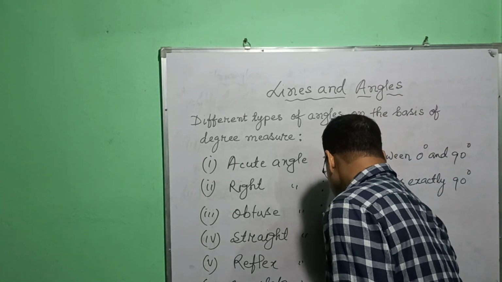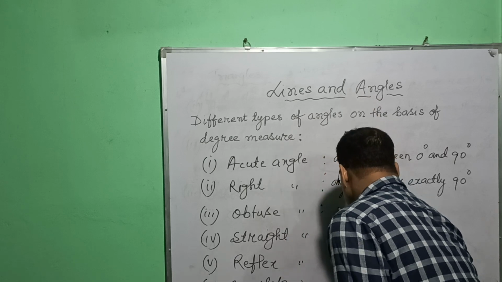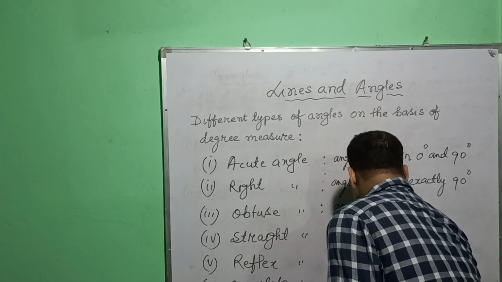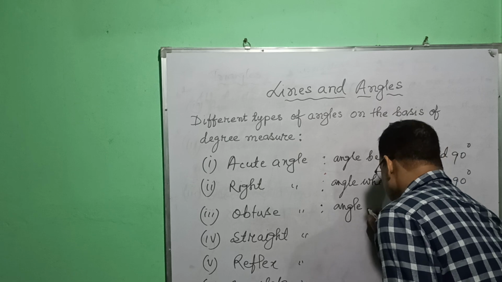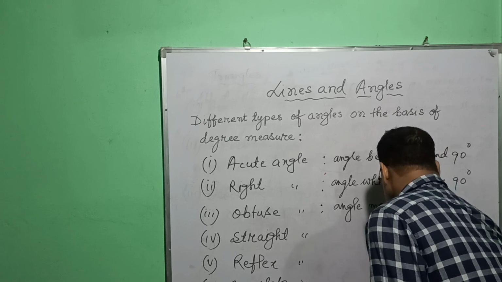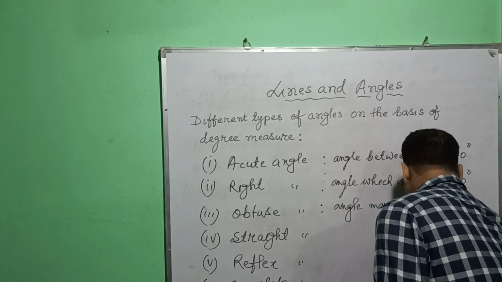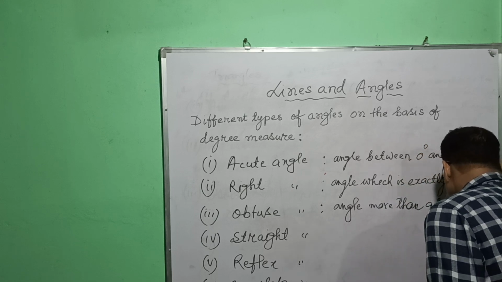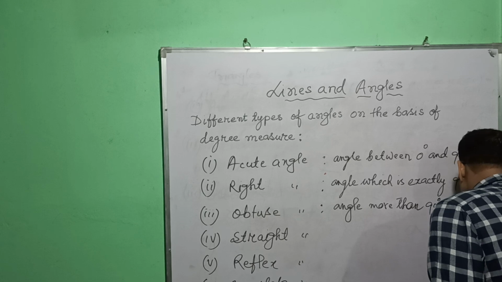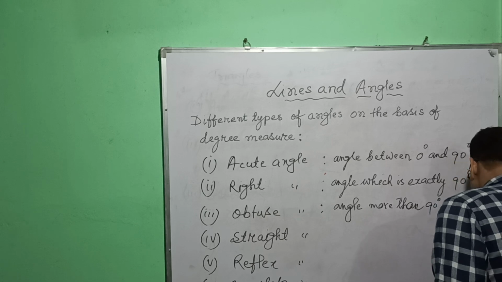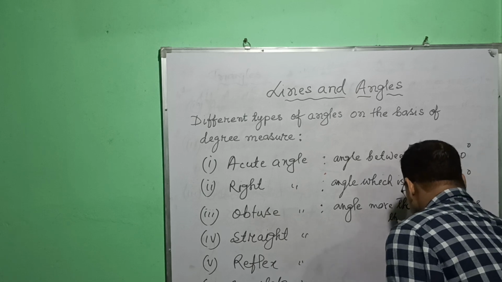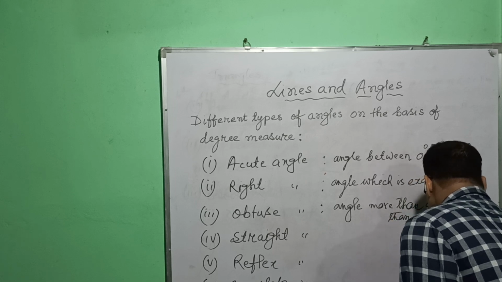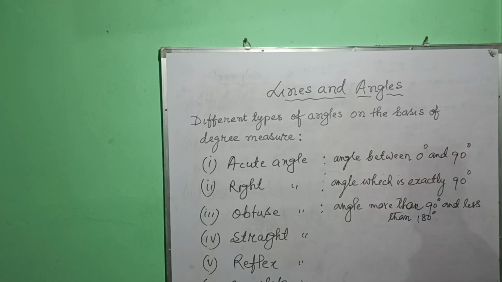Then obtuse angle: more than 90 degree and less than 180 degree. So angle more than 90 degree and less than 180 degree is called obtuse angle.